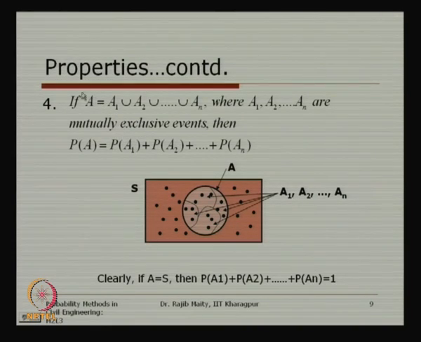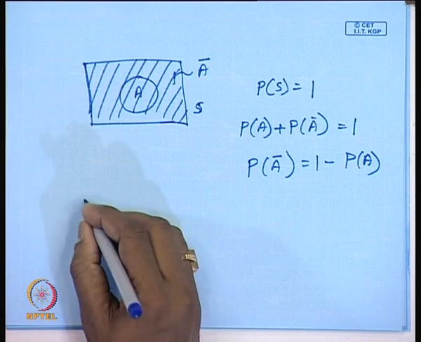Here, if we say that one event is the union of n different mutually exclusive events, as it is written here, if A is the union of A1 to AN, where A1, A2, AN are mutually exclusive events, then the probability of the total event A is nothing but the summation of the probabilities of A1, A2 up to AN, which is again the extension of what we just discussed, that third axiom.